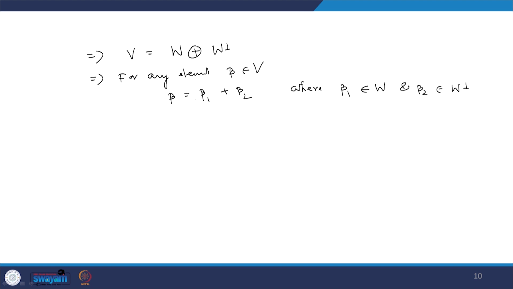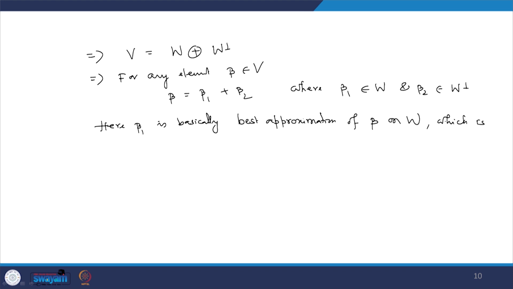Now, what is beta 1? Beta 1 is basically the best approximation of beta on W. Because W is finite dimensional, the best approximation of beta on W exists and it is unique.